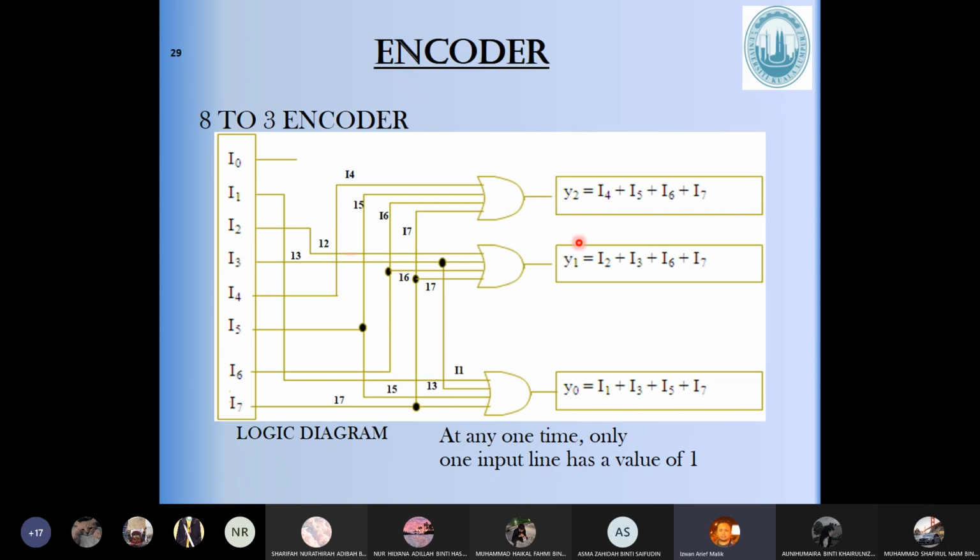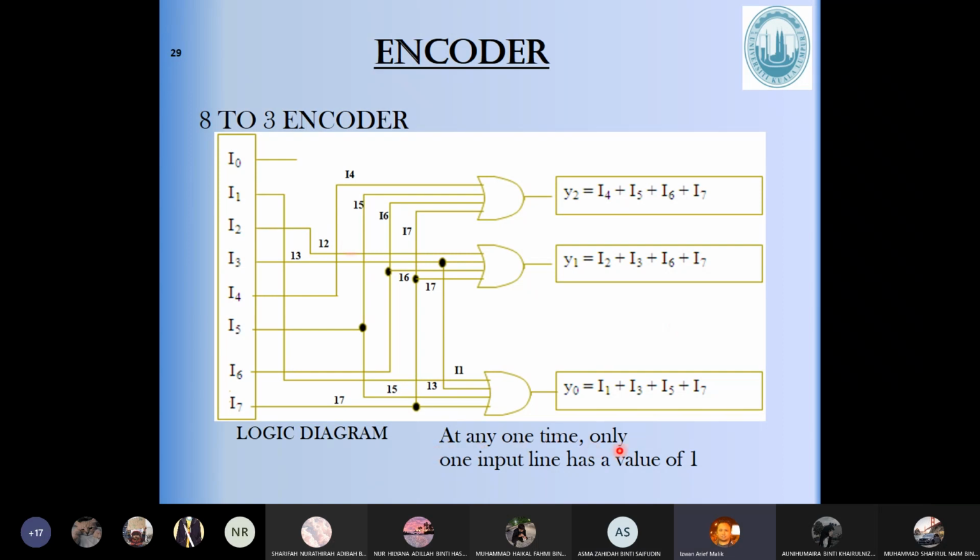Then name this as Y2, this is Y1, this is Y0, then you will get the logic diagram. Sir, yes. For an encoder we use OR gates. For a decoder we use NAND or AND. Yes. For an encoder, if active high use OR, if active low use NOR. Okay, thank you sir. Okay.